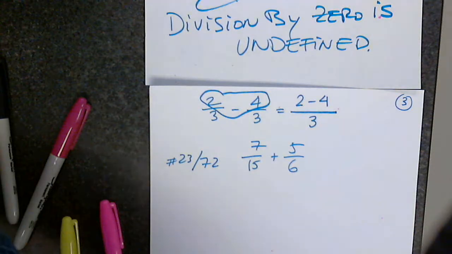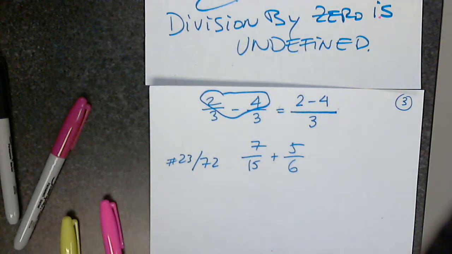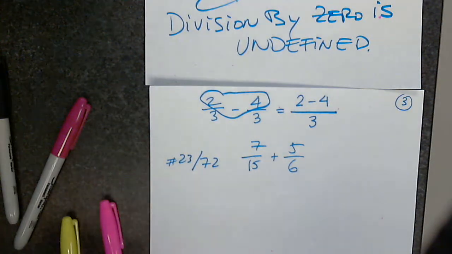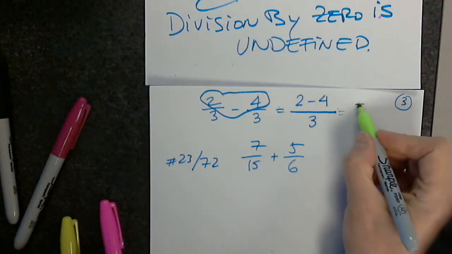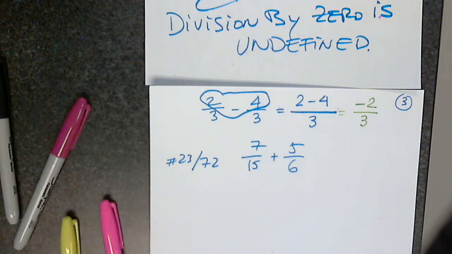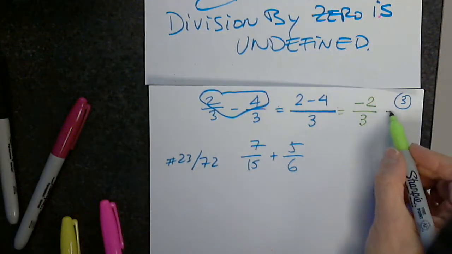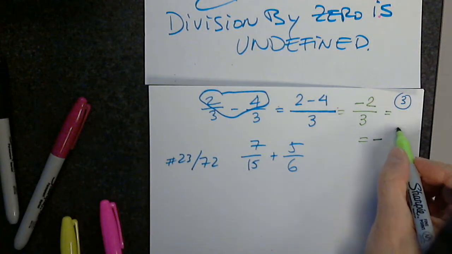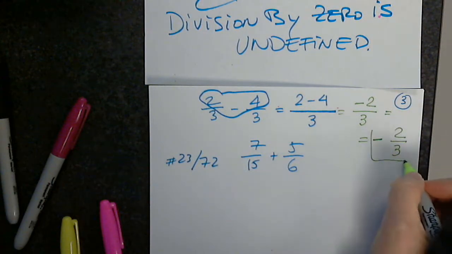Then I perform the operation 2 minus 4, and the answer is -2. So this is negative 2 divided by 3. When I divide a negative by a positive, the answer is? Good. I have to write this. This is the correct answer.